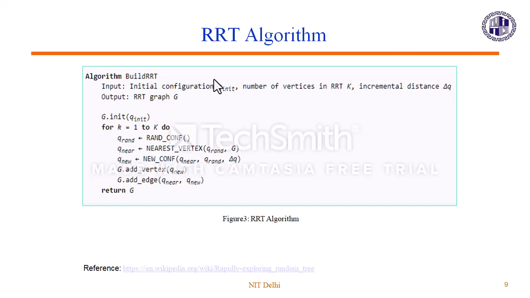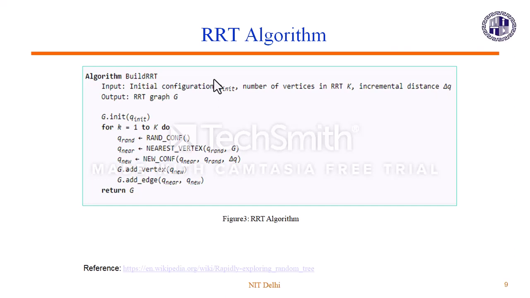Initially, the graph is empty. First, we initialize the graph with the q_init, then a for loop runs from 1 to k. The q_rand generates the random point, and q_near calculates the nearest vertex from the random point to all the vertices in the graph.